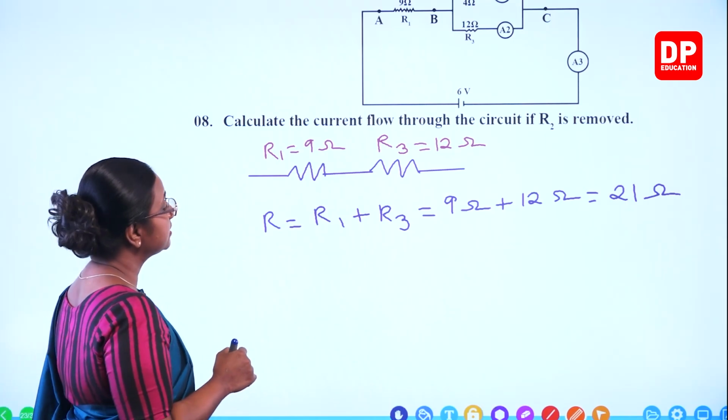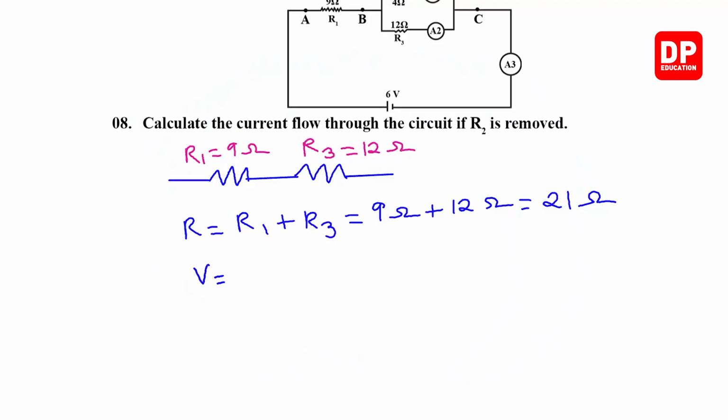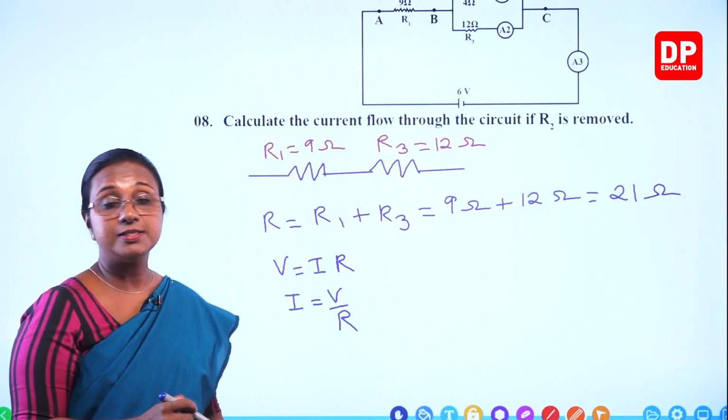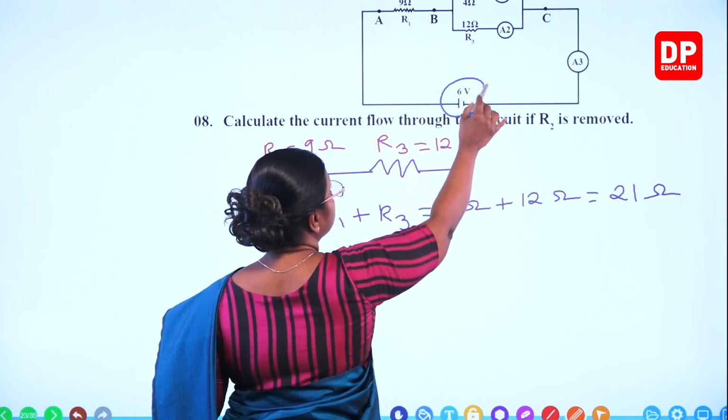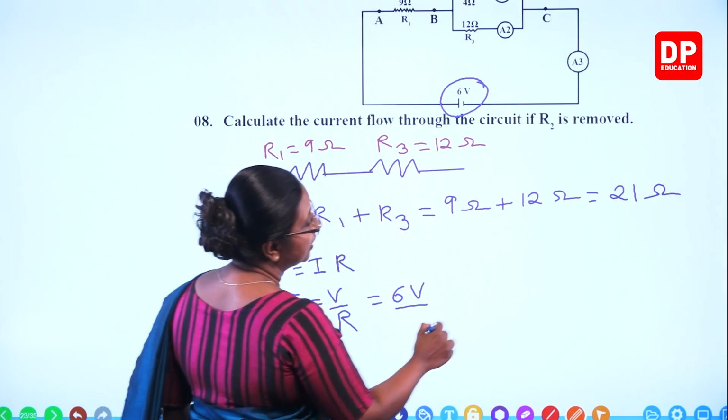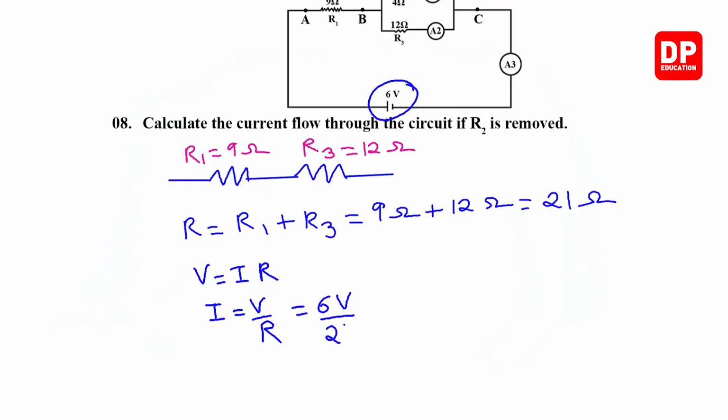Current flow through the circuit: V equals IR, so I is equal to V over R. What is the potential difference we consider here? The 6 volt potential difference. 6 volts, and the equivalent resistance is 21 ohms.